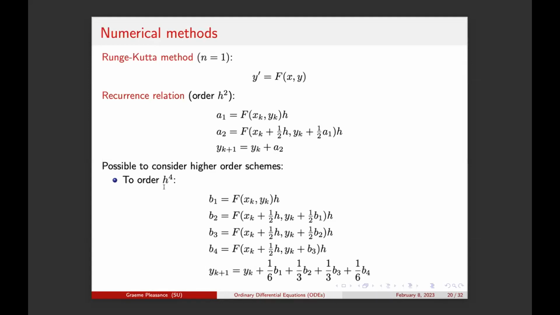And you can build even higher order schemes for doing this. The idea is that at higher order, you tend to produce a more accurate approximation of the solution. But the cost of this is that you generally have to store more values at each step in the procedure. So this can generally increase the computational cost of solving the problem.